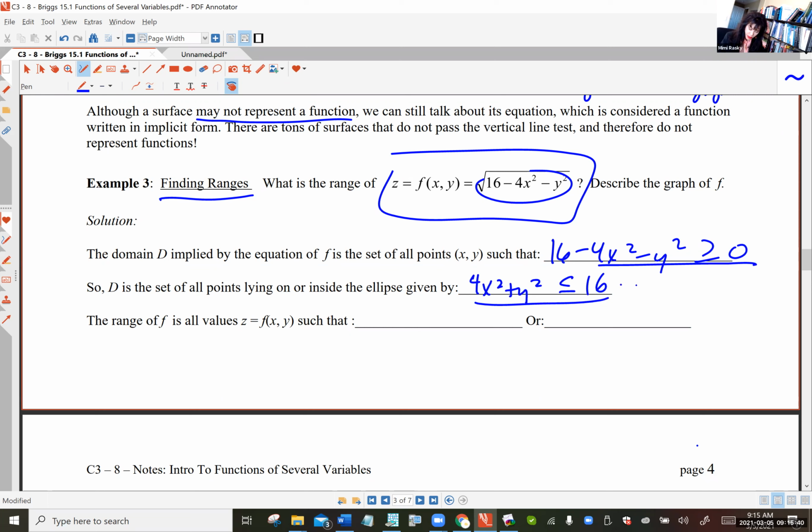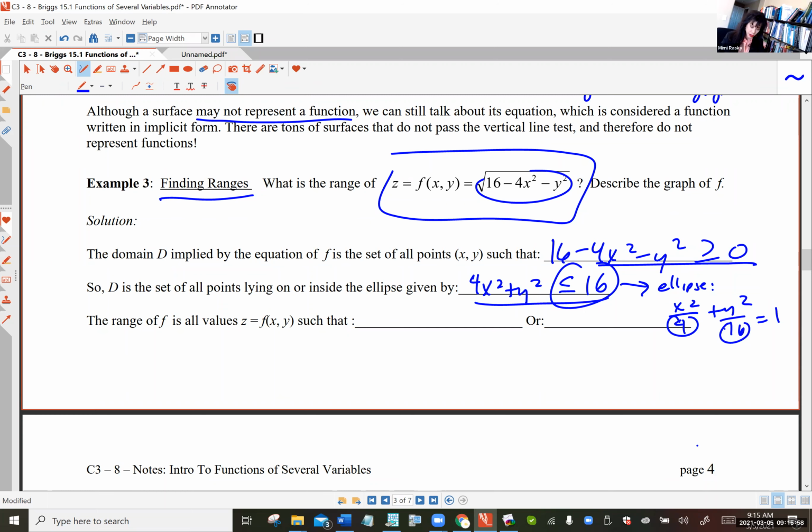If I rewrote this ellipse equation with a 1 on this side, dividing both sides by 4, it would be an ellipse centered at the origin with x-intercepts 2 and -2 and y-intercepts 4 and -4.